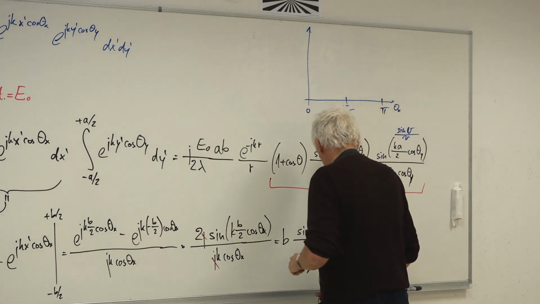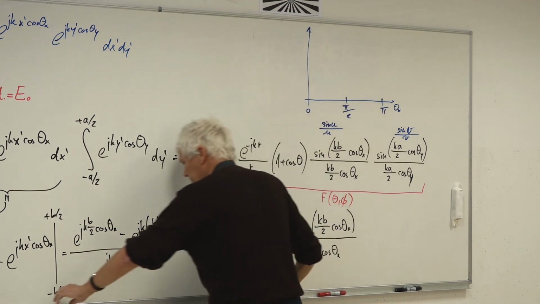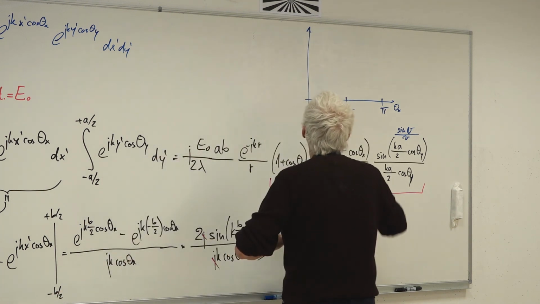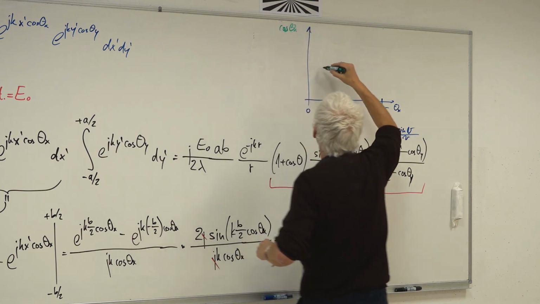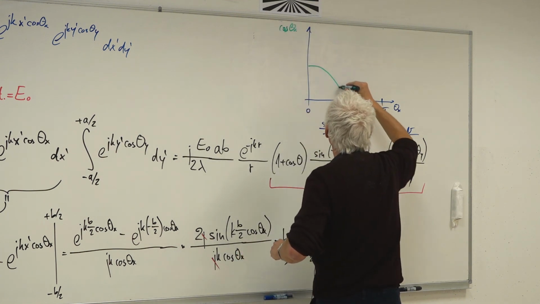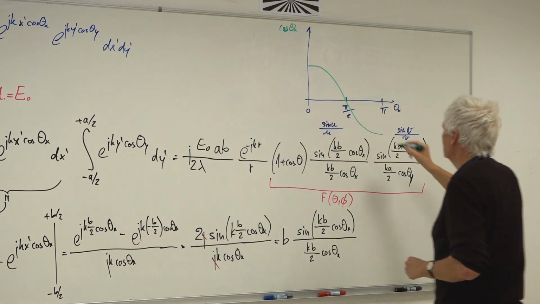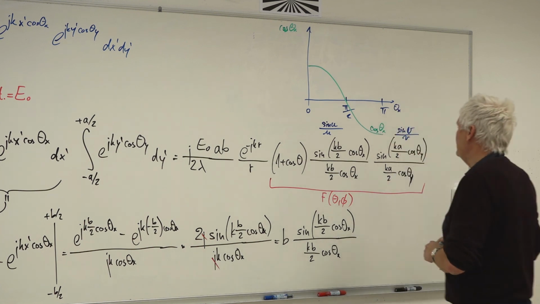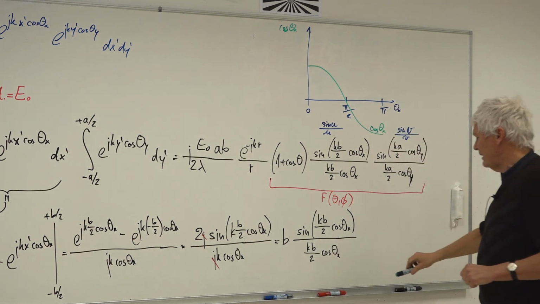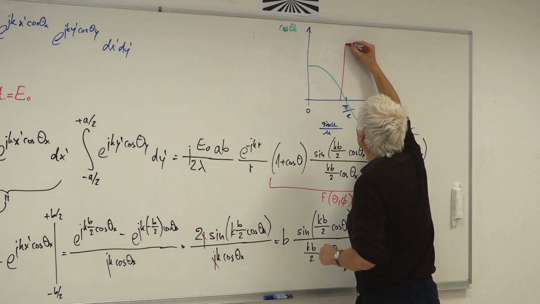If I write just here cosine theta x with the green, cosine theta x is such a function, okay? This is cosine theta x. What happens with the pattern, with this sine u over u? This pattern becomes something like this one.